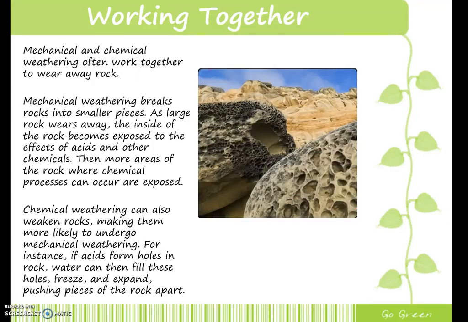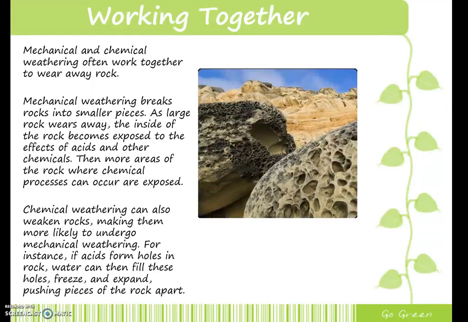Most often, these two processes, chemical and mechanical weathering, are working together to wear away at the rock. Mechanical weathering, if you think about it as a hammer, breaks the rock into smaller pieces. As those pieces of rock become smaller, the inside of the rock becomes exposed to acids and other chemicals.